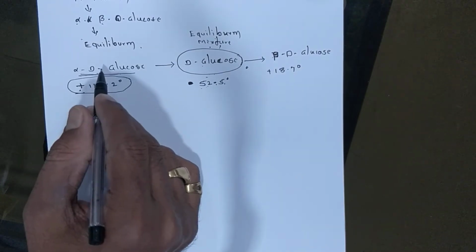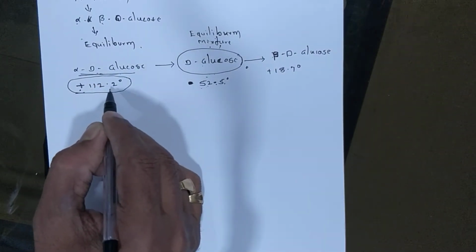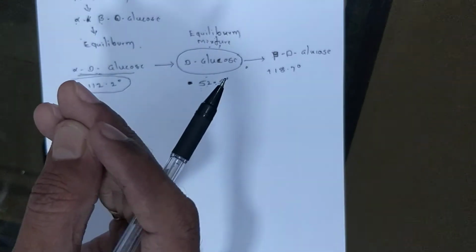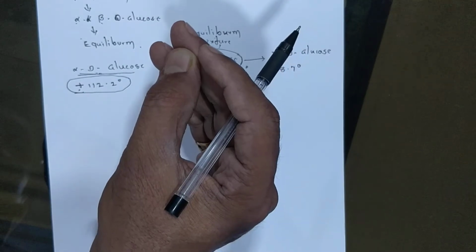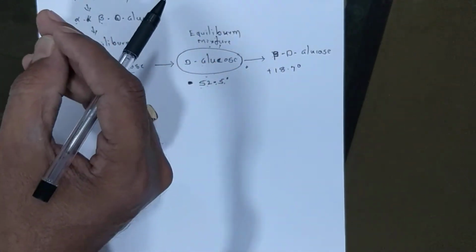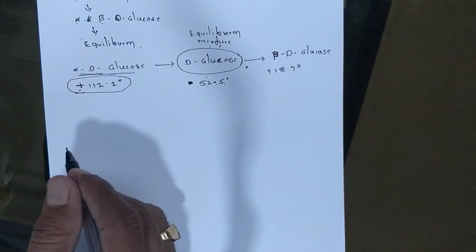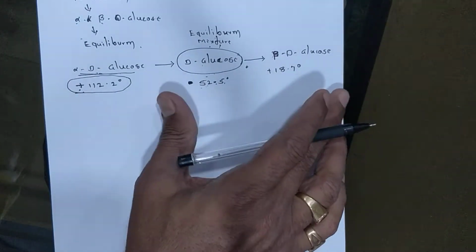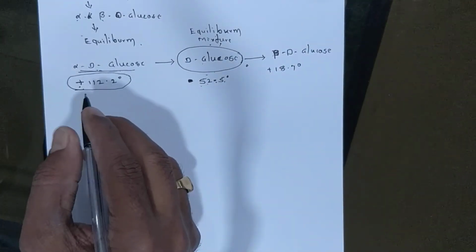Freshly prepared glucose of alpha anomer shows 112.2 degrees, because when sugar is dissolved in water they get two anomers, alpha and beta isomers, okay. How can you write it down?